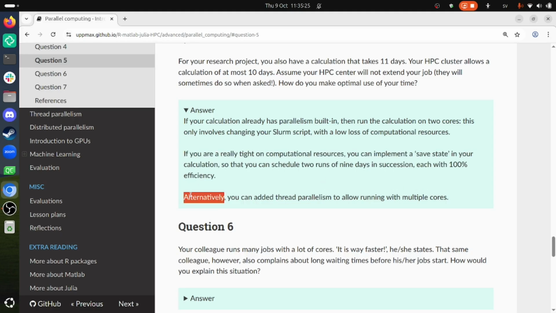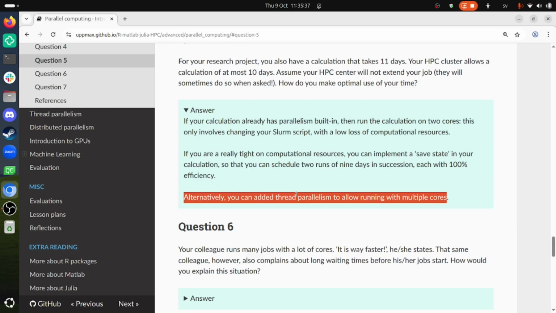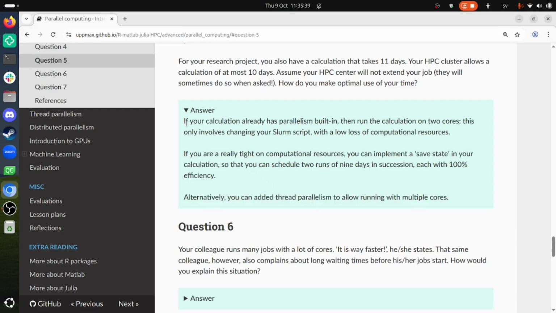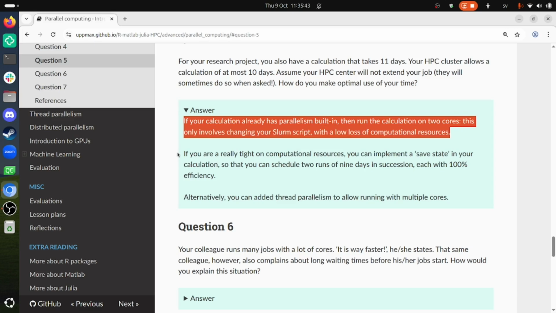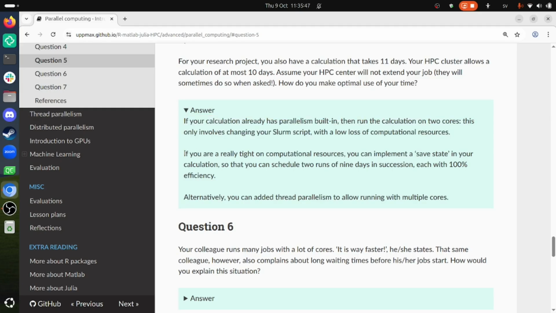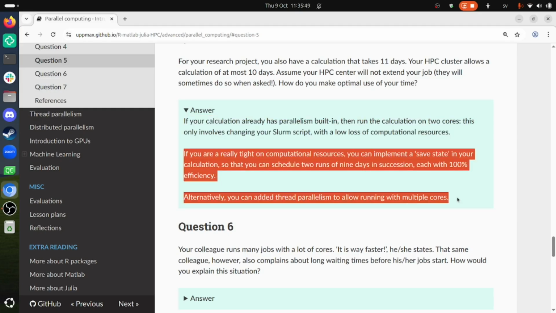Also, let's say there is no parallelism built in, then you can decide to add thread parallelism yourself to allow running on multiple cores. So if it's already in, use that one. If there's no thread parallelism built in yet, then either add a save state or add it. Whatever you think is easiest to do.